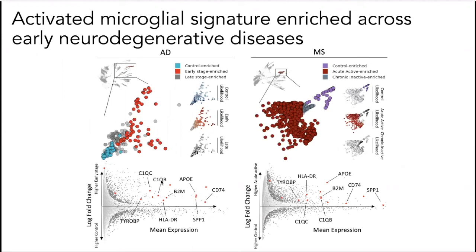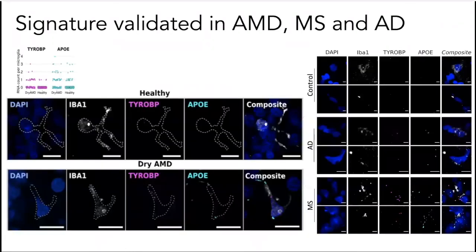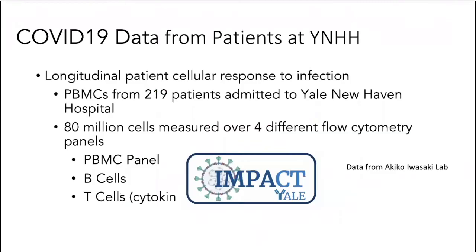This could potentially be a way of deriving an early stage biomarker that's pan-neurodegenerative disease. Later on, I will say this common signature disappears and these diseases become more individualistic. And these signatures can be validated in a variety of ways, including imaging technologies.